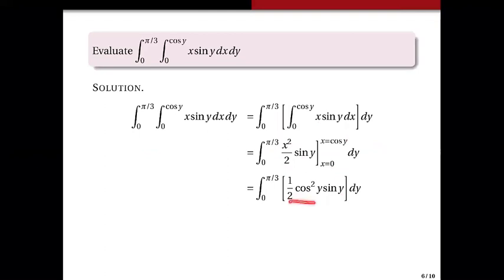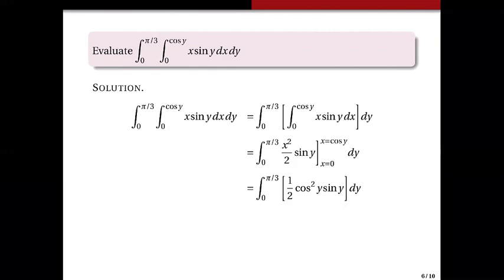And then we integrate this with respect to y from 0 to pi over 3. And notice this is a trigonometric integral, so you can use all the techniques that you know. Anyway, this is easy. You can just let u be equal to cosine y. Du will be negative sine y dy.